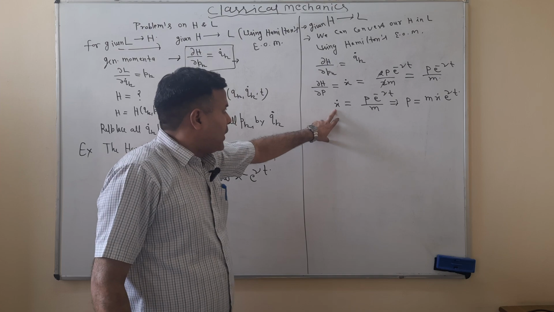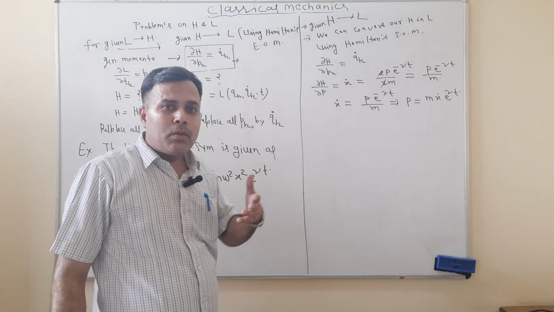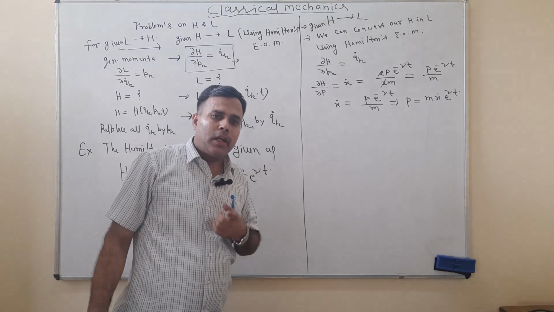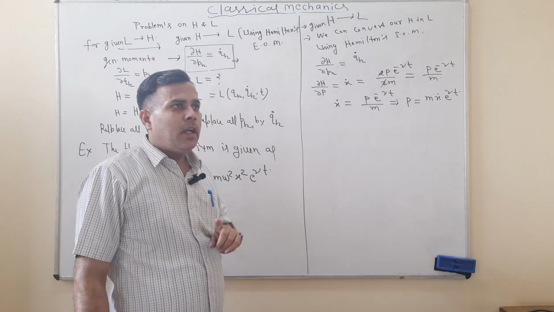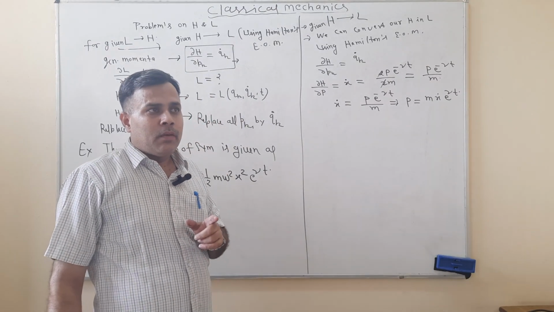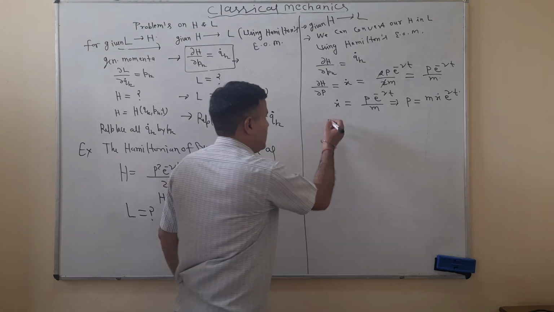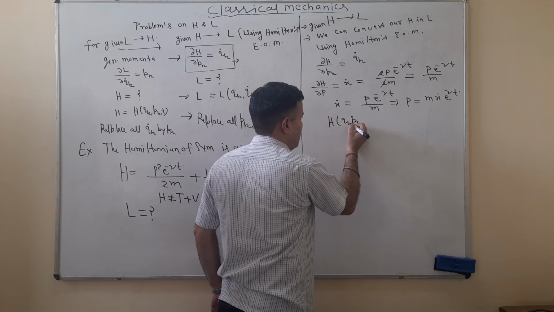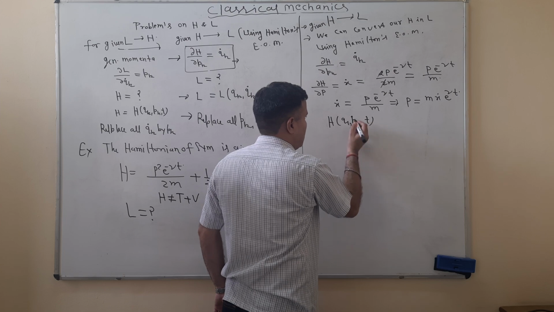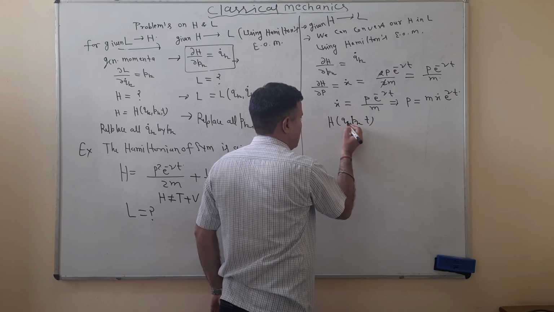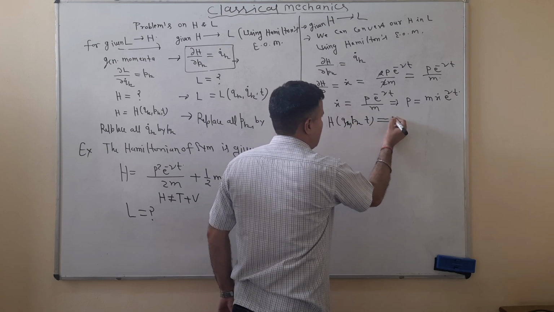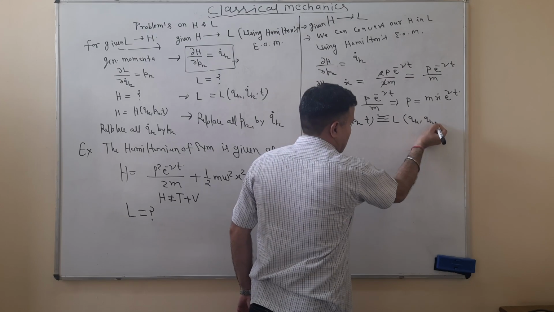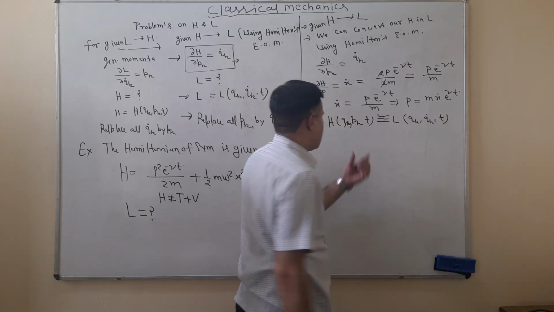So this is the way, because what is our goal? Our goal is to convert our H, which is a function of generalized coordinate, generalized momenta and time, into L, which is a function of generalized coordinate, generalized velocity and time.